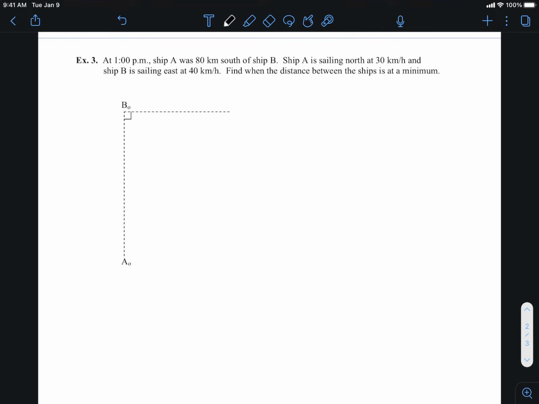We could call this now B final, and here's A final. We want to find out when the two ships were closest together, at what value of T. So basically a minimum. This is an optimization question.